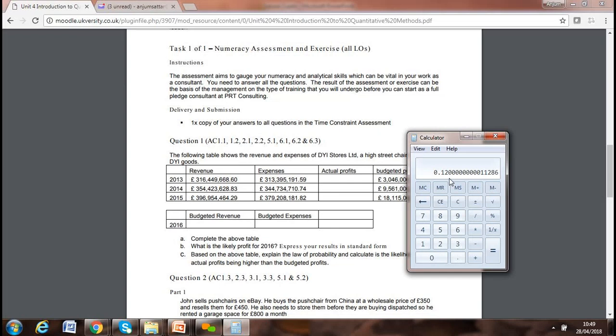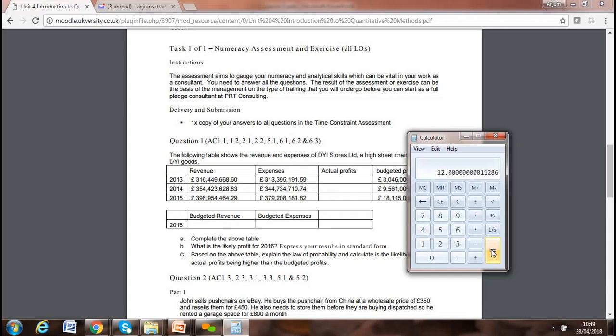Okay, so if you want, now, this is around how many percent we have? 12%. Times by 100, yes. If you do times by 100, that gives me the percentage. Yes, 12%.